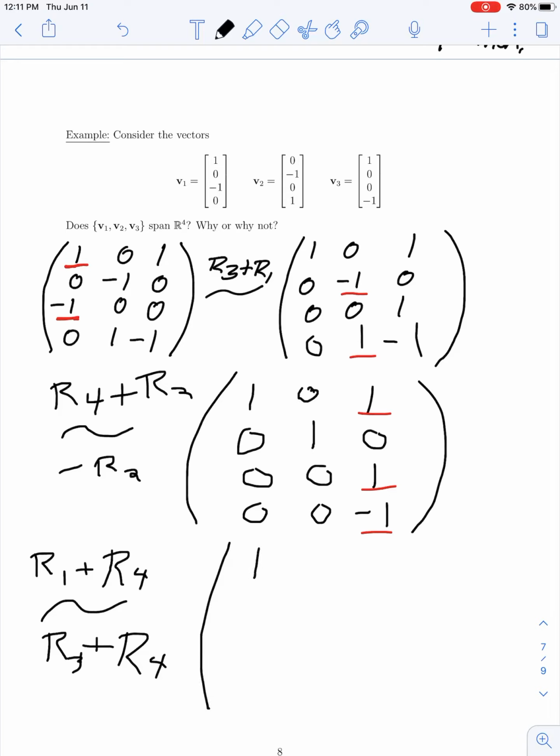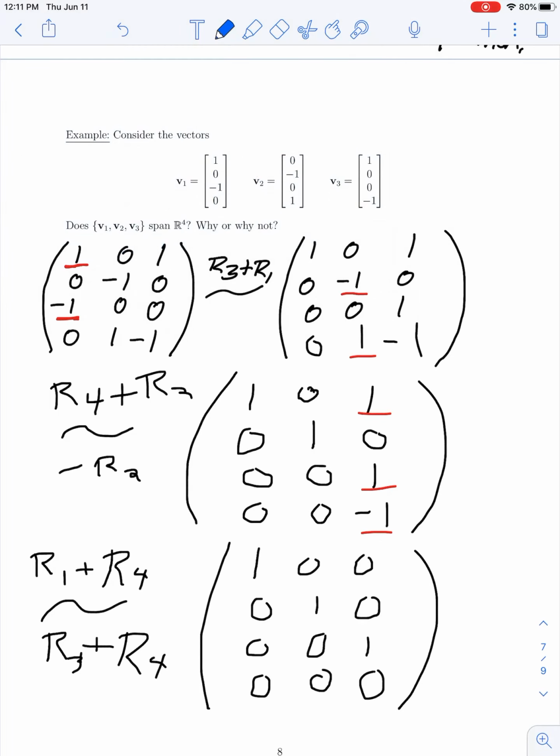So this leaves us with 1, 0, 0, 0, 1, 0, 0, 0, 1, and a row of all zeros.